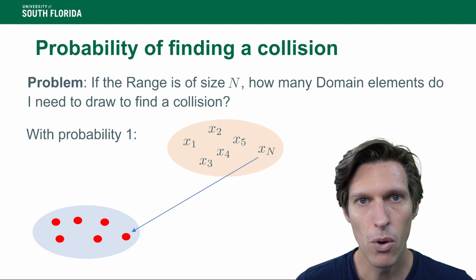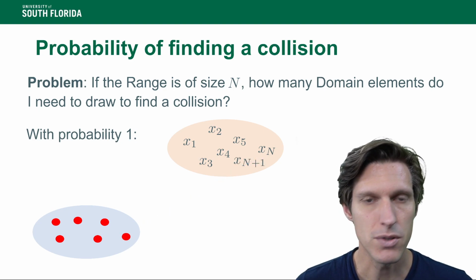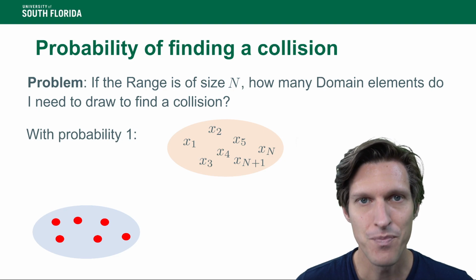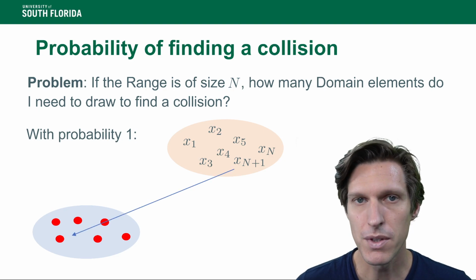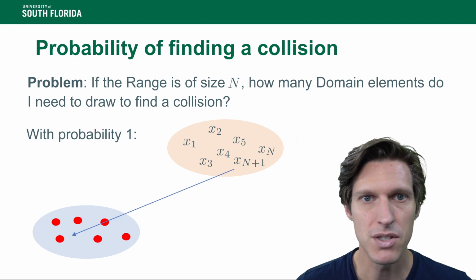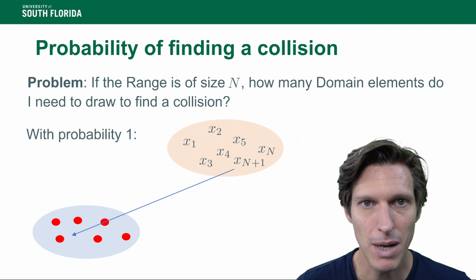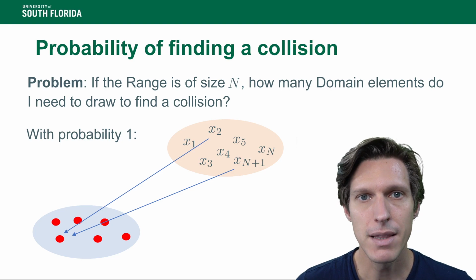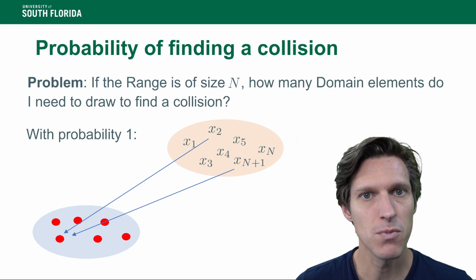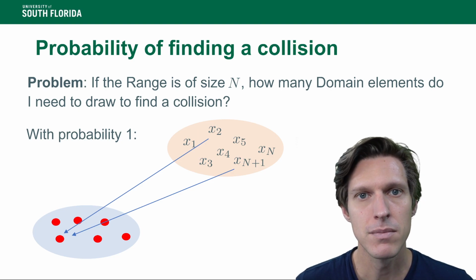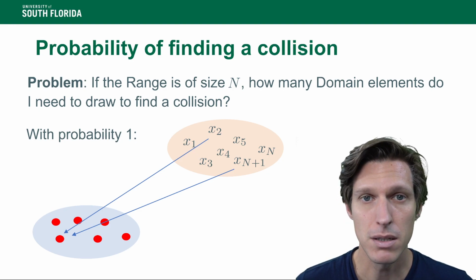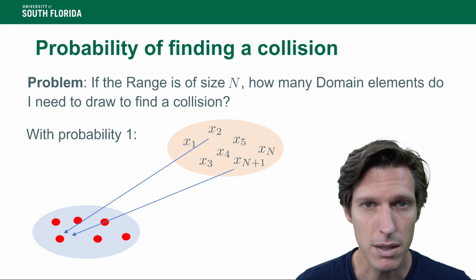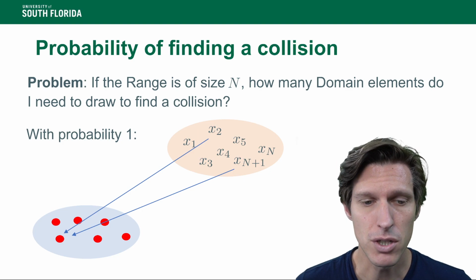Then I have all the inputs, and I know now that xn plus 1, whatever it is, will have to map to something that has already been drawn, because there are only n possible outputs for that function, okay? So at least when you get to the n plus 1th element in the domain, you're going to loop back on some output that you've already calculated. So you have yourself a collision.